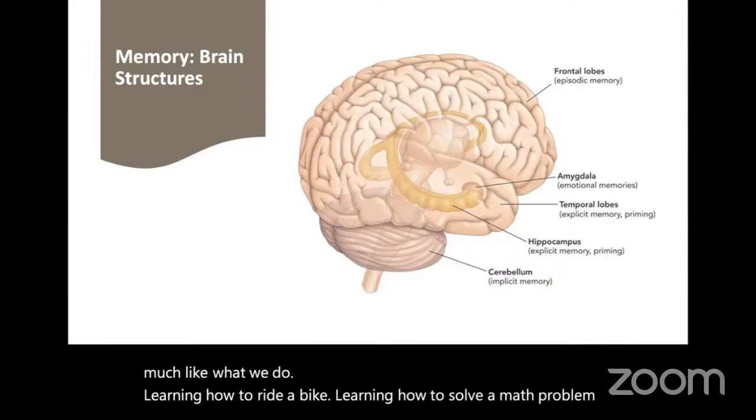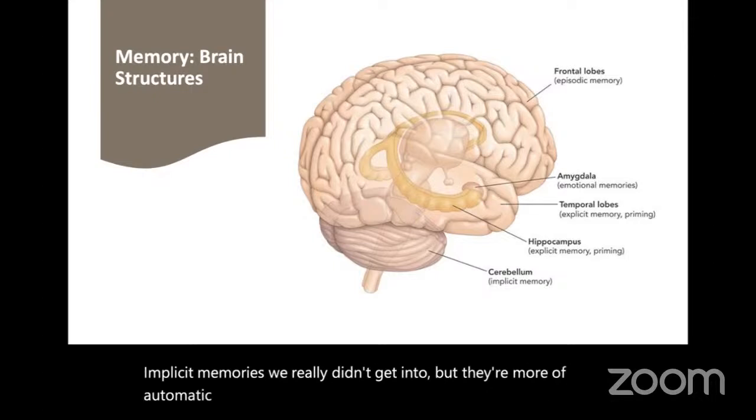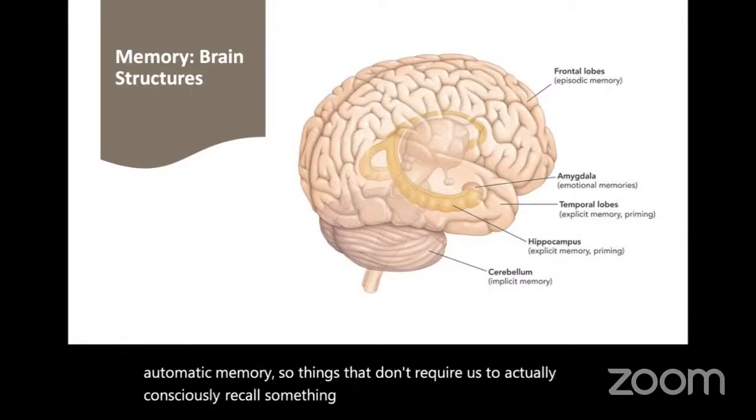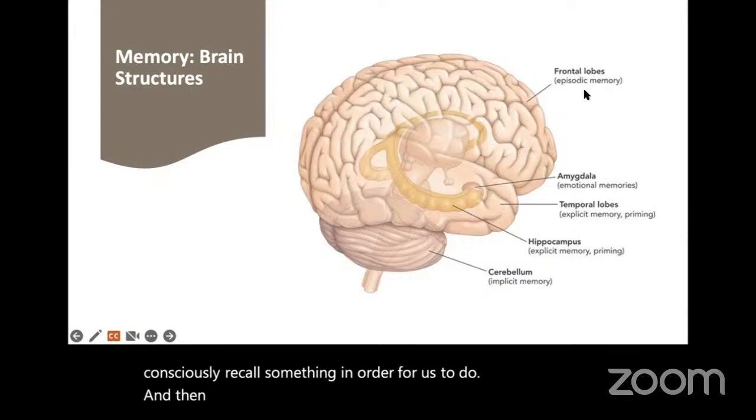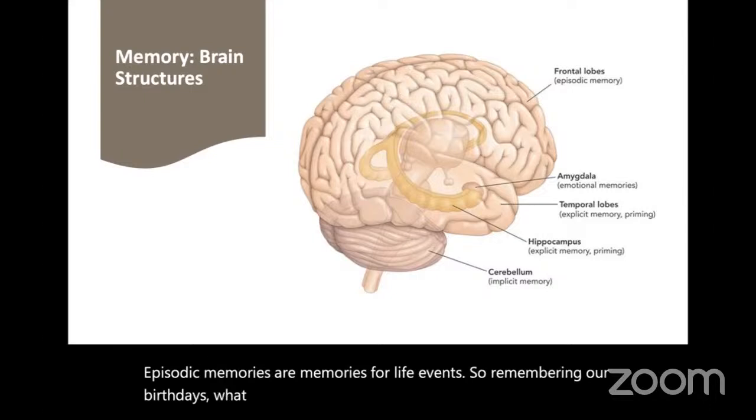Implicit memories we really didn't get into, but they're more automatic memories, so things that don't require us to consciously recall something in order to do them. And then episodic memories are memories for life events.